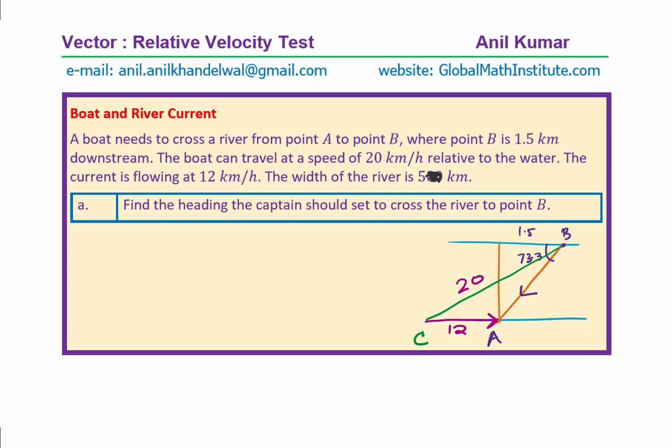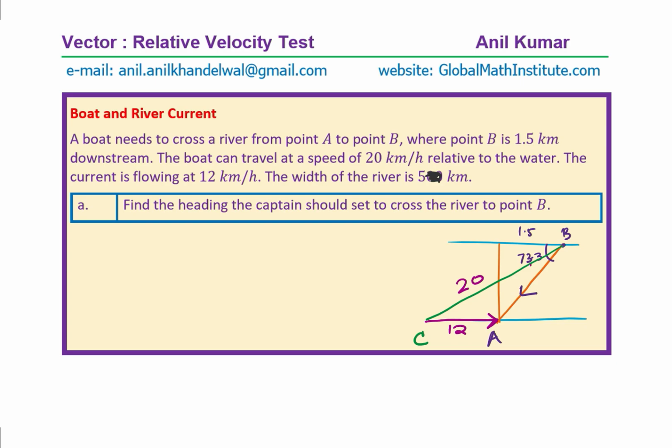So that is the situation before us. And now we need to find the angle which verges from B towards A, right? Now tell me, how are you going to solve this particular question?